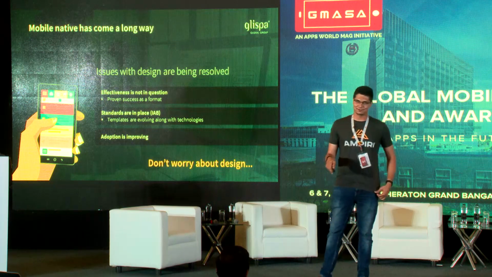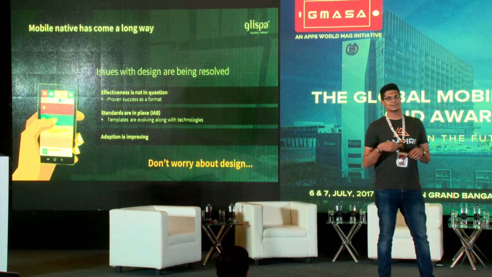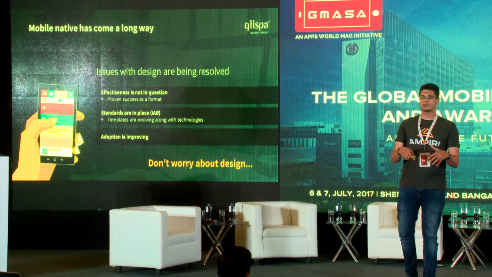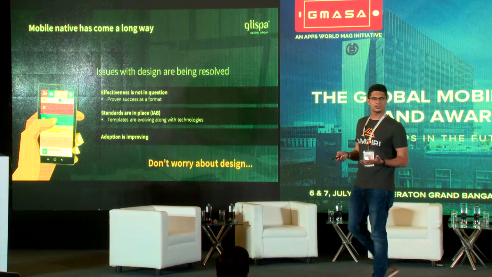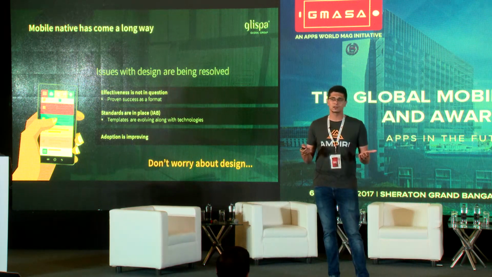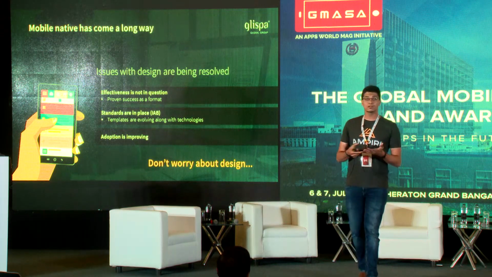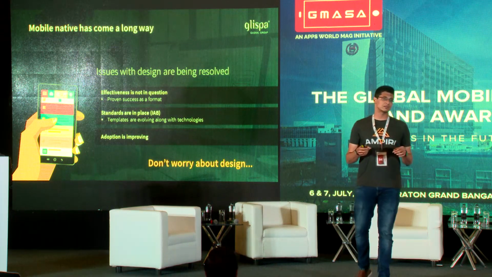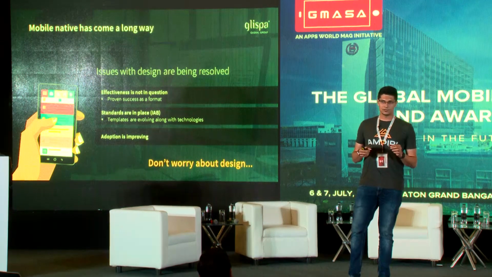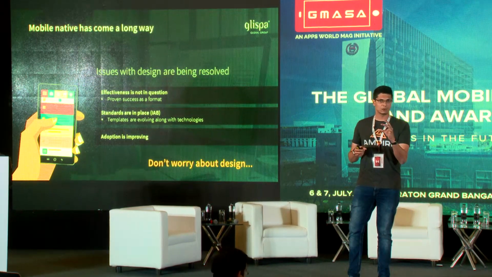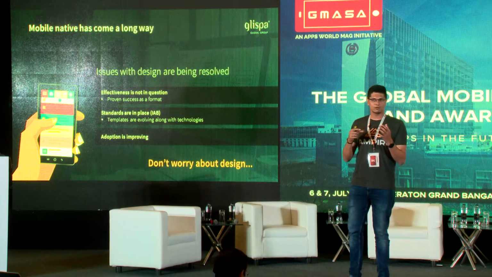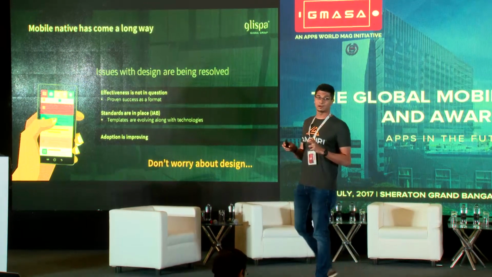Moving forward to the positives. Now, obviously, as talks like these happen, industry thought leaders are educating people on how it's not so difficult to implement native ads. The market leaders like Google and Facebook both have come up with very easy implementations for native ads. So all you need to do is just copy and paste the code in your feed or wherever you see fit and wherever they recommend.